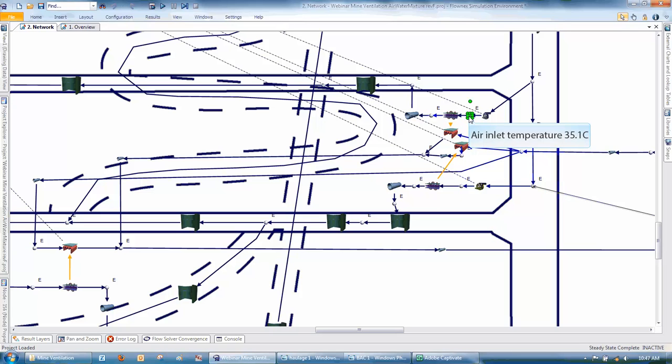You see it enters here at 35.1 degrees Celsius and it is cooled down to 22.8 degrees Celsius, which is a more acceptable temperature to work in.